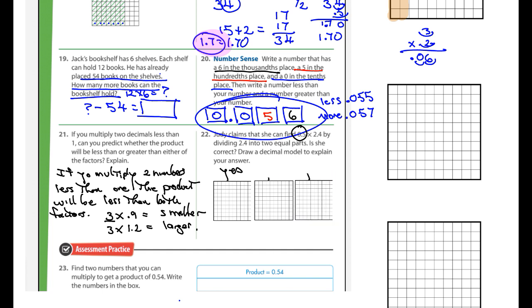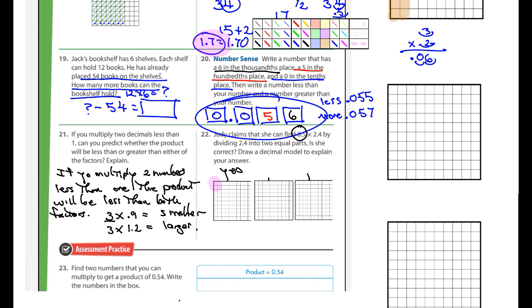And I'm going to have to make my coloring a little bit smaller here. I'll just go with pink. So 0.5.